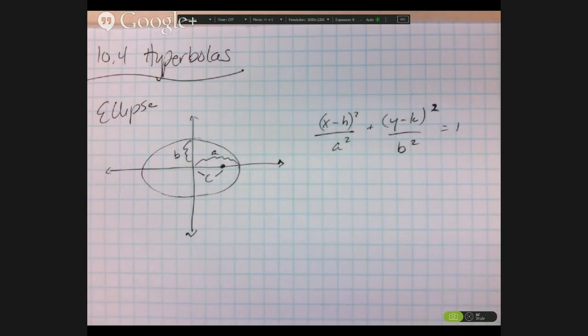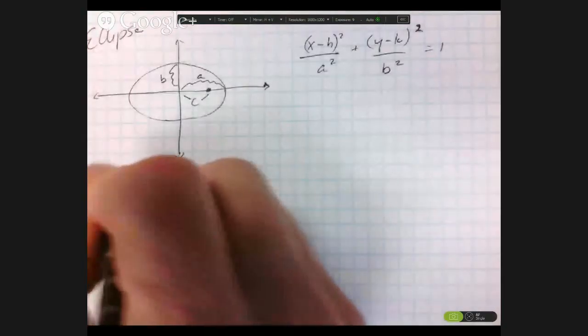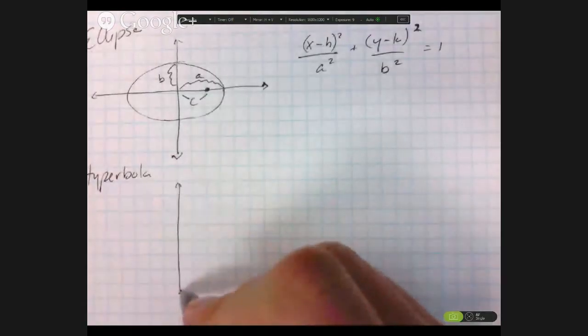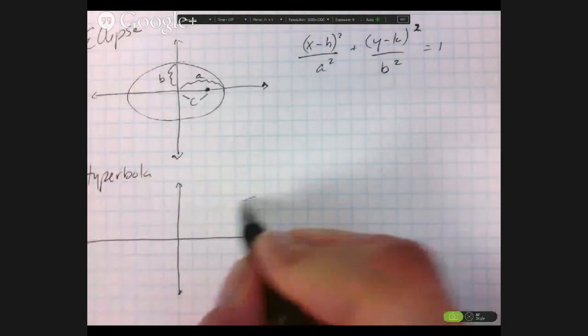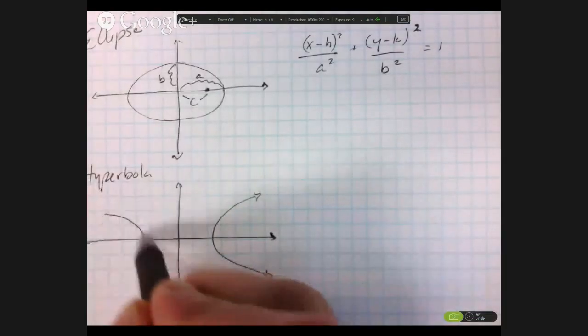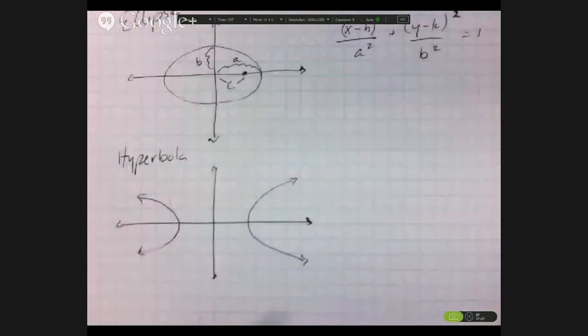But the difference between an ellipse and a hyperbola graphically looks like this. So what can you do to an ellipse to make a hyperbola?